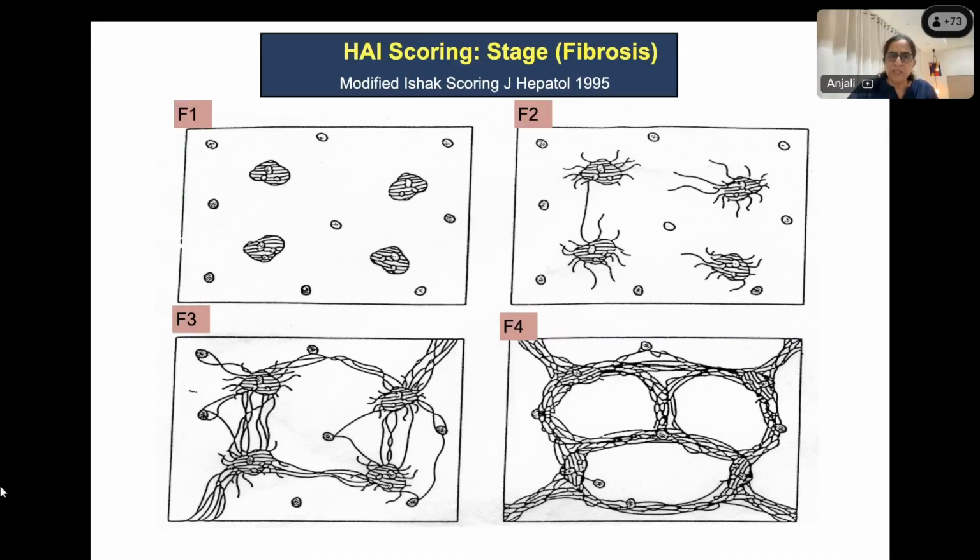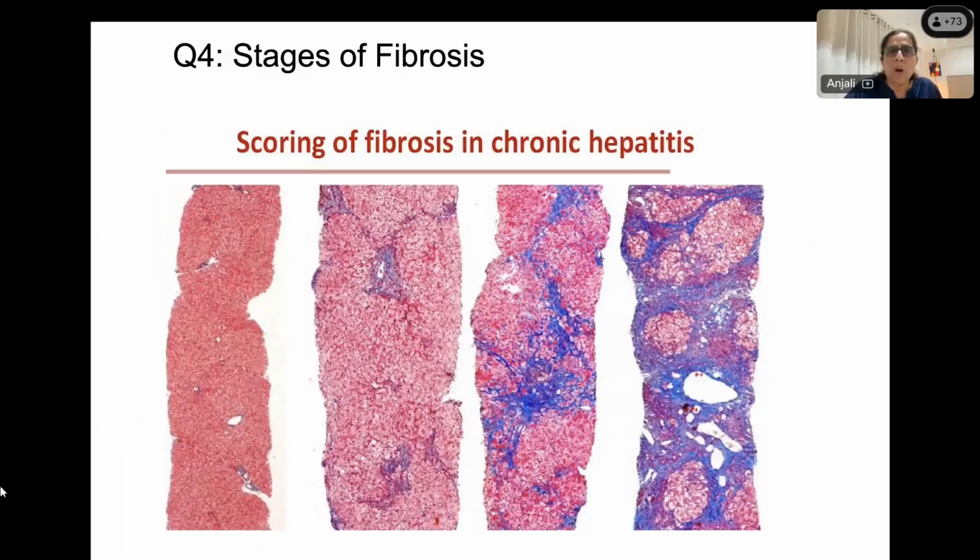Now going to the next figure. This is the liver biopsy with fibrosis, starting from left-hand side to the right-hand side. Would you like to score this liver biopsy? Ankita, would you like to say, extreme left, about fibrosis in this liver biopsy?